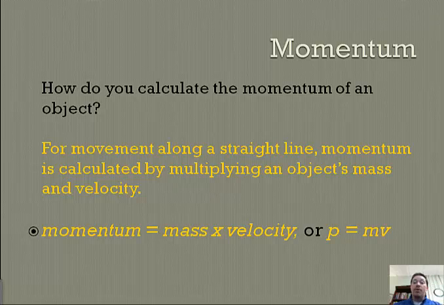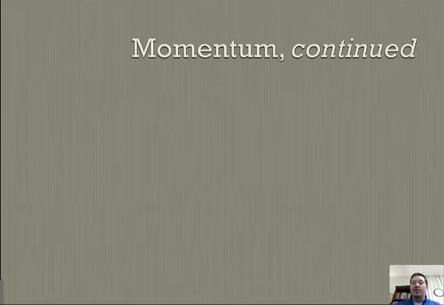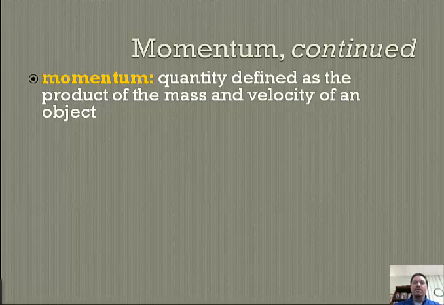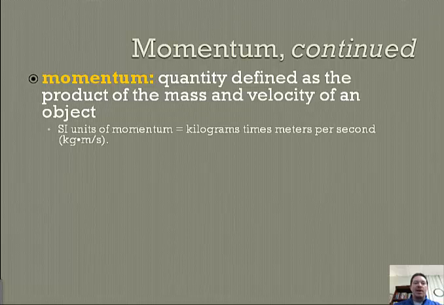The momentum of an object depends both on mass and how fast that object is moving. We define momentum as the product of the mass and velocity of an object.